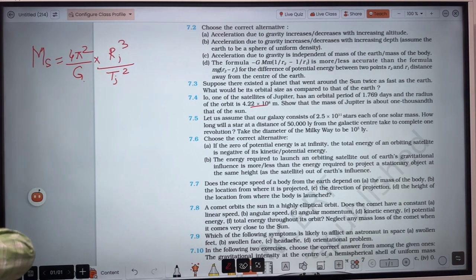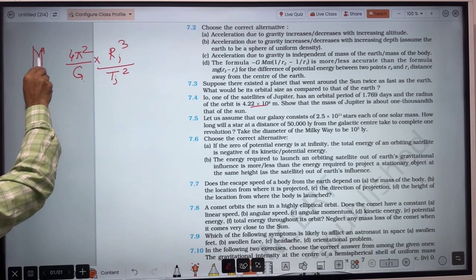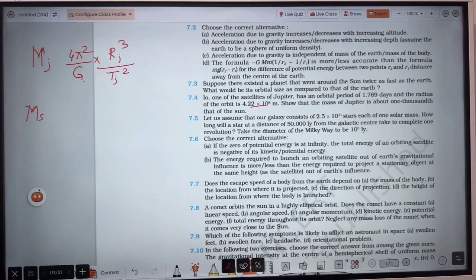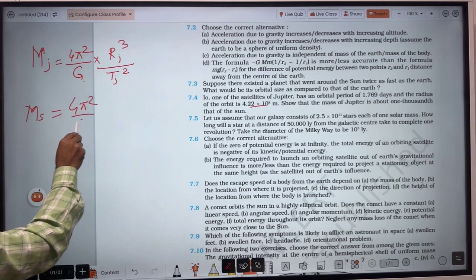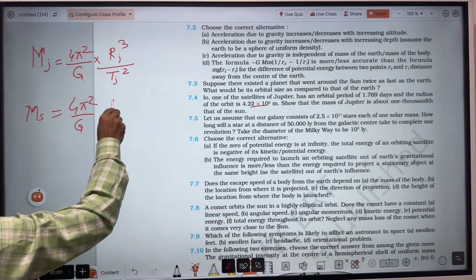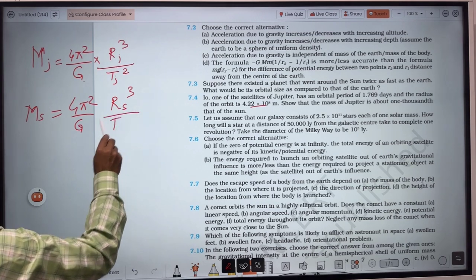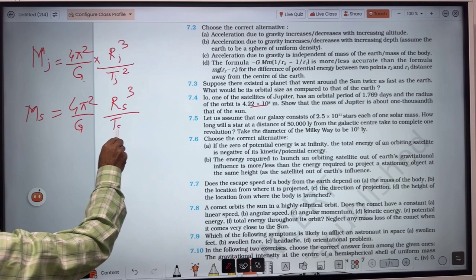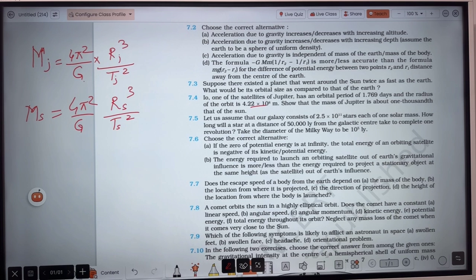Then for mass of Sun, again the same thing: 4 pi square upon G, then distance between Sun and Earth, let's denote it r Sun, cubed, divided by time period of Earth around the Sun, T Sun, squared. Notation you can also write as E, that does not matter.